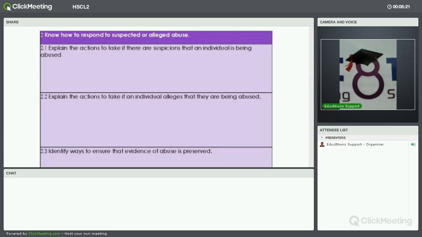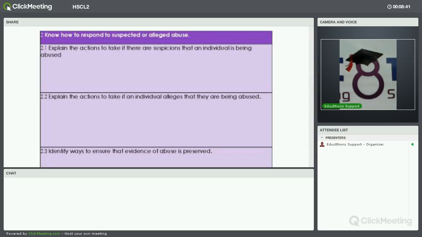So, for example, you've been working with an individual, let's say client A, for some time, and then all of a sudden you've got a suspicion things aren't right. We all have this gut feeling, and never ever ignore a gut feeling.